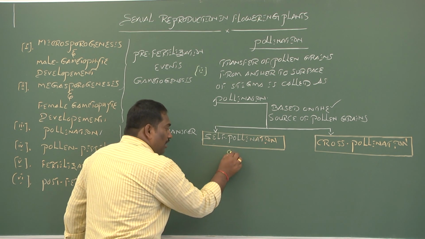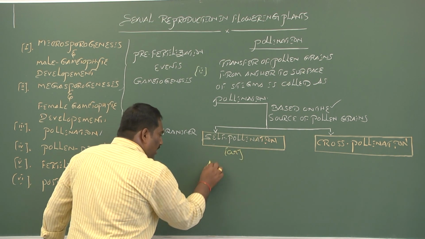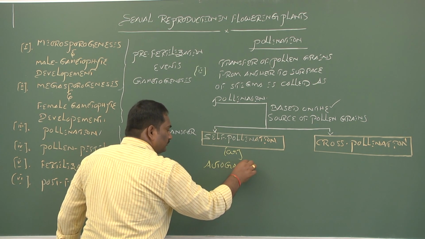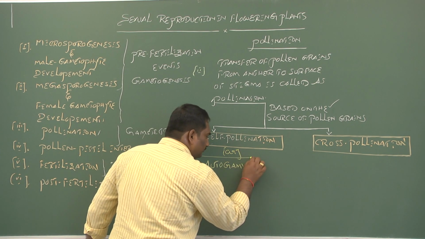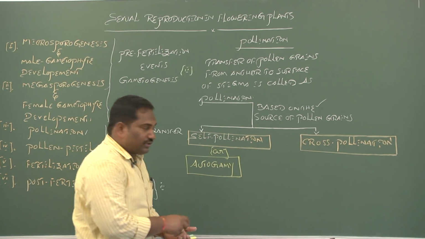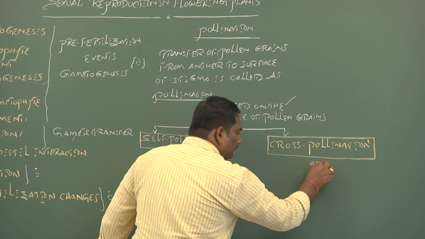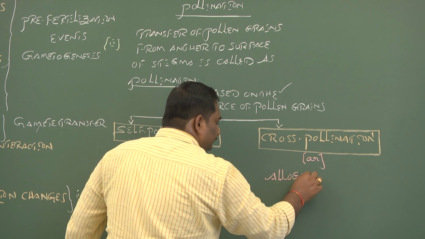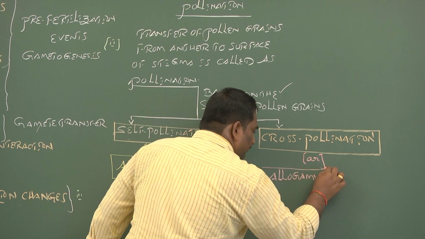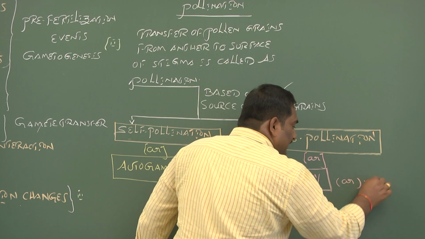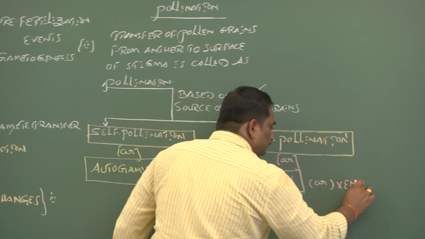Self-pollination is also called autogamy. Cross-pollination is also called allogamy, and also called xenogamy.